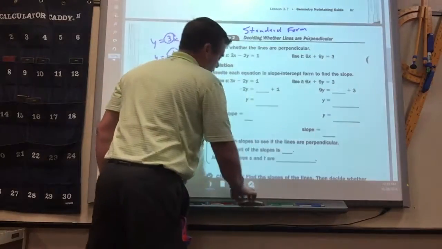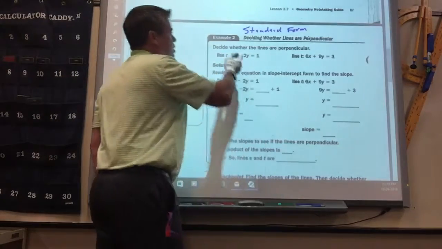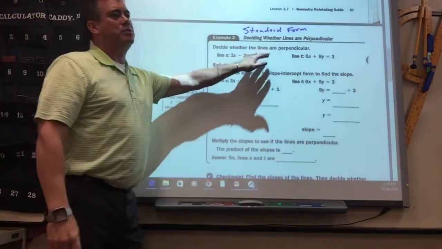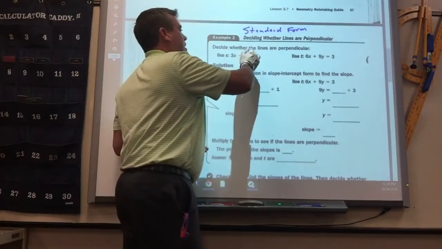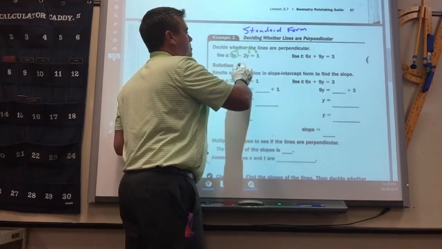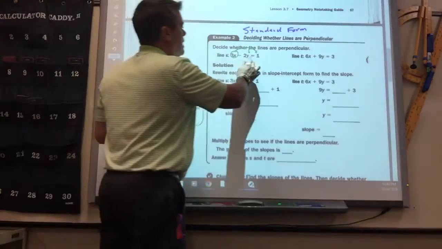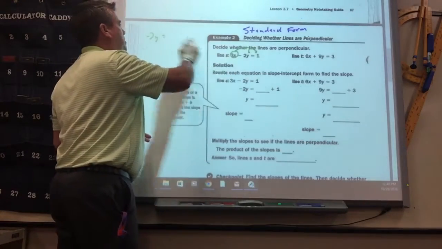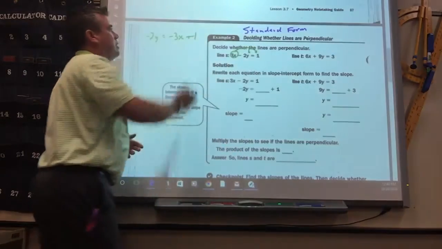But when they're in standard form, you've got to switch things around. What you have to do is put this into y equals mx plus b form. So, to get the y by itself, you got to move this over. So it'd be negative 2y equals, this would change from a positive to a negative 3x, and I didn't move it, so it just stays 1.